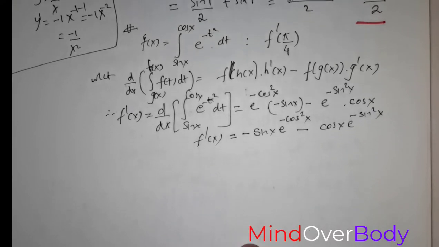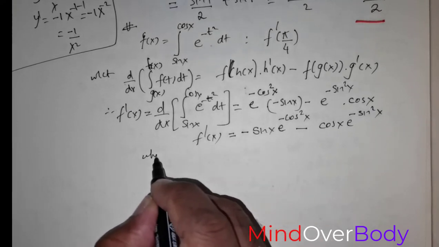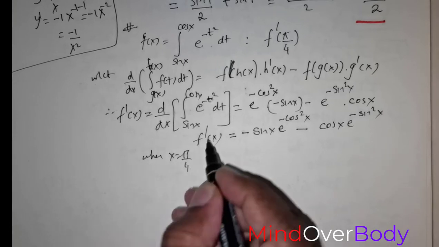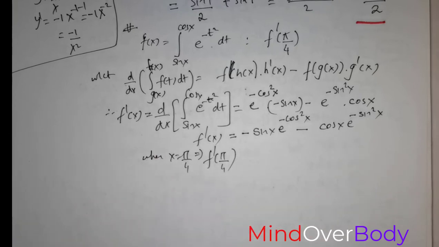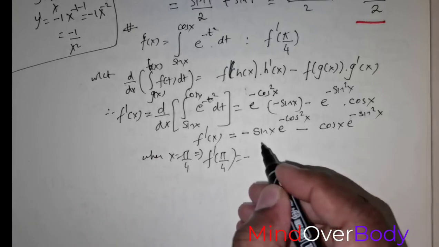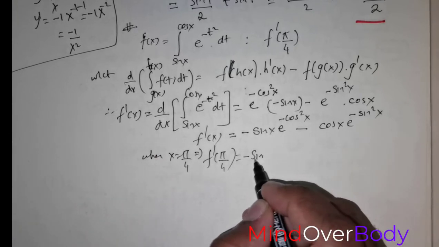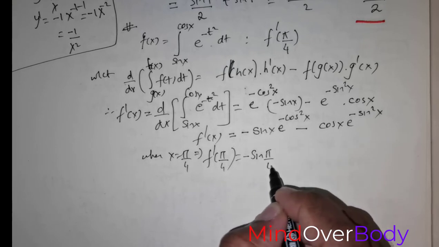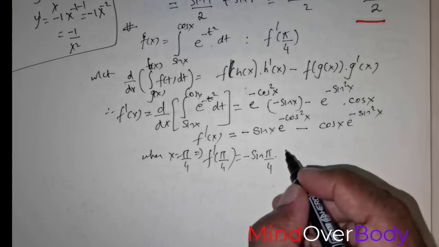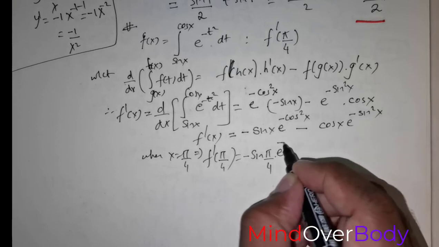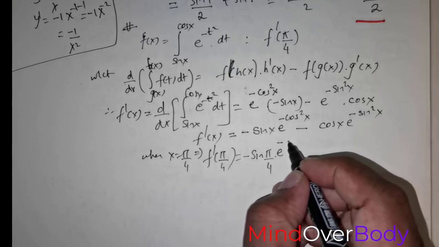Now we are expected to find when x is equal to pi over 4. So f dash of pi over 4 is required. So I'm going to substitute in place of x, pi over 4. So it's going to be negative sine pi over 4 times e raised to the power of negative cos pi over 4.